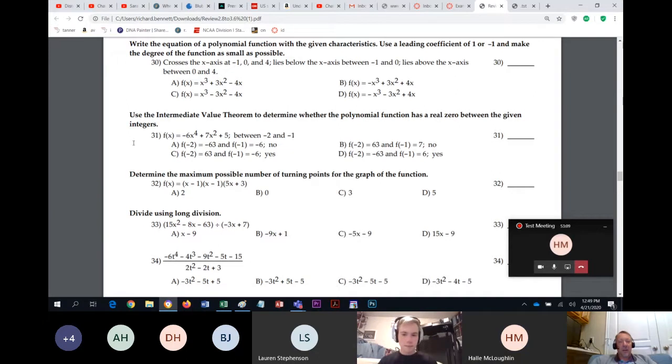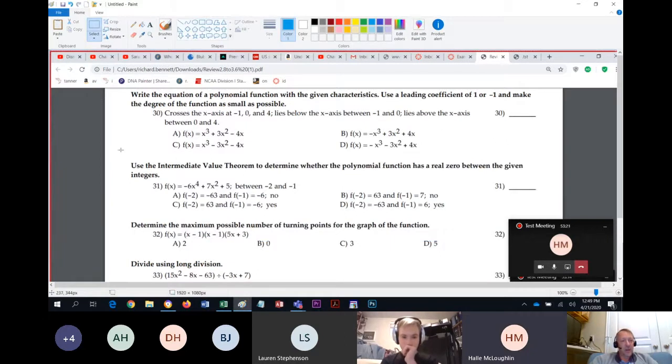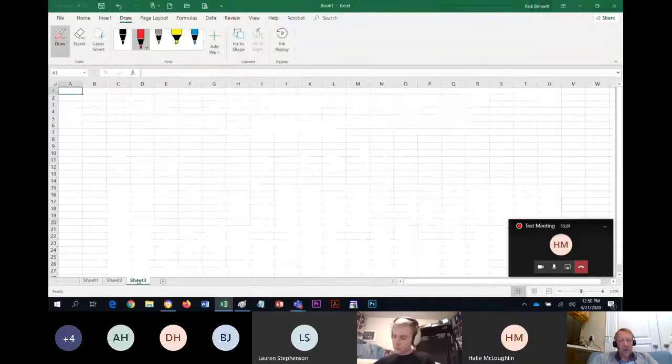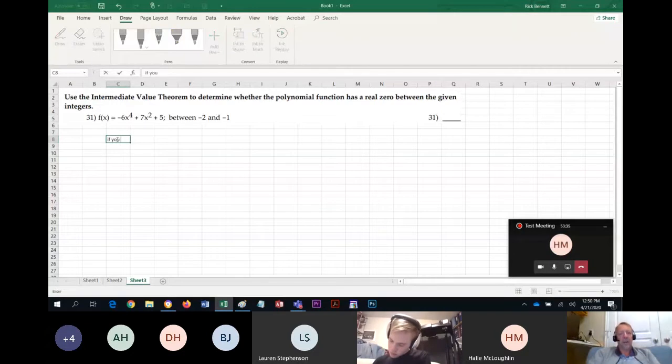So the intermediate value theorem says, here, I'm going to copy and paste this because I think it'll be easier. Okay, so the intermediate value theorem says that if you have opposite signs between 2 points, then there exists a 0 in between.